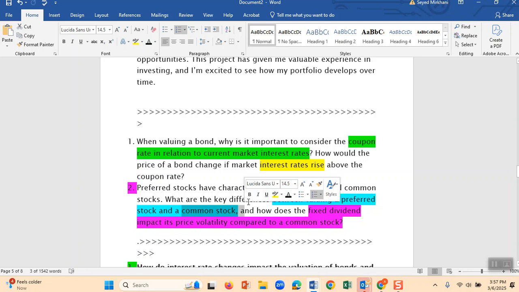Because common stockholders are greedy people like myself, like this student. They have put their money in hopes of becoming millionaires. If something goes wrong, of course they have to take the hit. Therefore, common stocks go up, they appreciate, hopefully, but the bond doesn't. The bonds also appreciate and depreciate, but they appreciate and depreciate slightly.